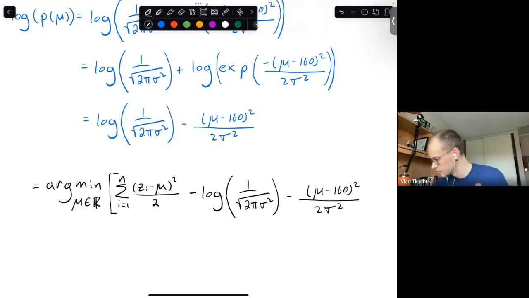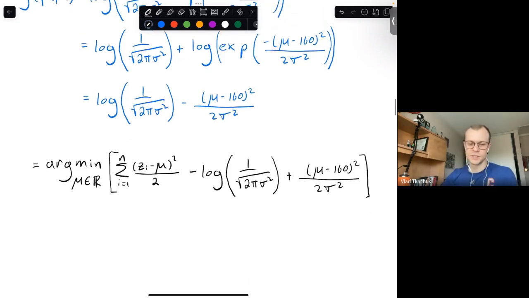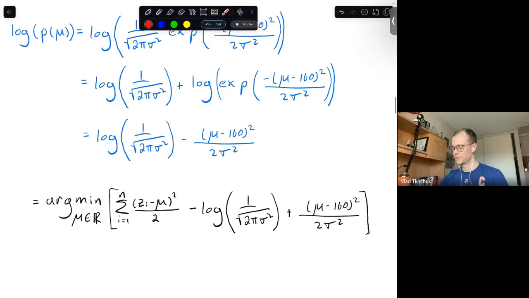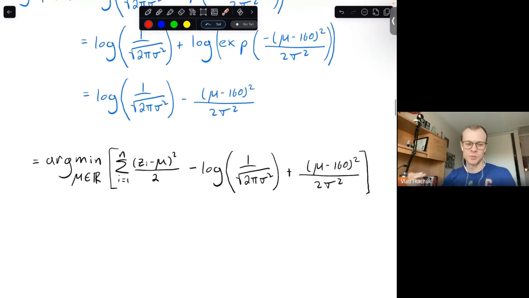So this would be negative, and then this will become a plus. Okay, so we're left with this minimization problem, and now we have actually explicit dependence on mu everywhere, and there's no more hidden terms and stuff like this. Okay, so now we just minimize.